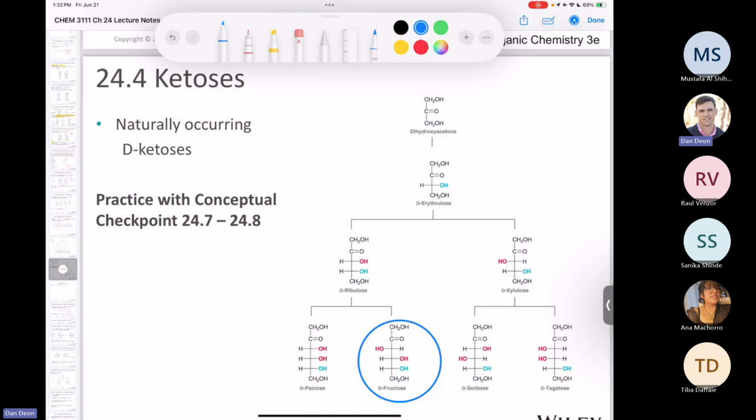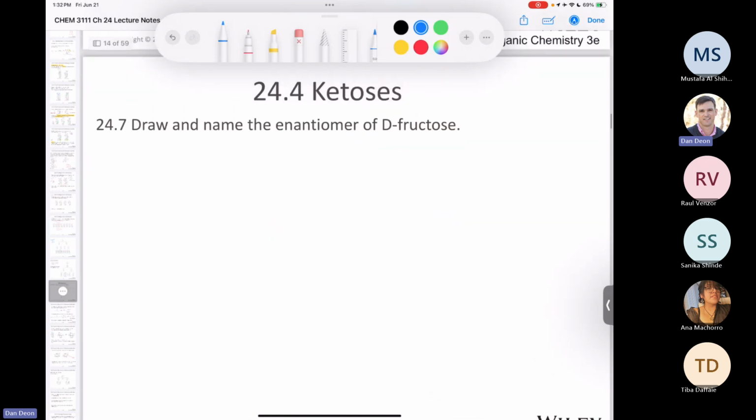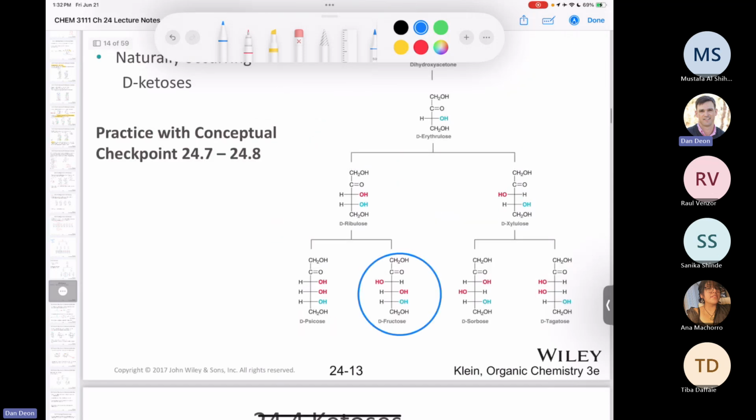So let's take a look at a practice problem and see if we can do this. This question just says, draw and name the enantiomer of D-fructose. So if we go over to D-fructose, which I put in a circle here, what I'm going to do is redraw it in a way that I can see it. We have our ketone here, then we have 1, 2, 3 chiral centers like that.